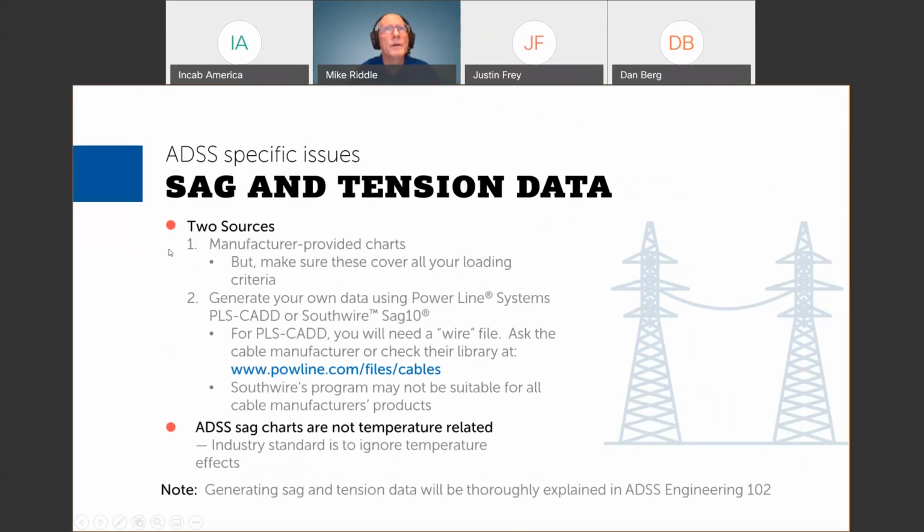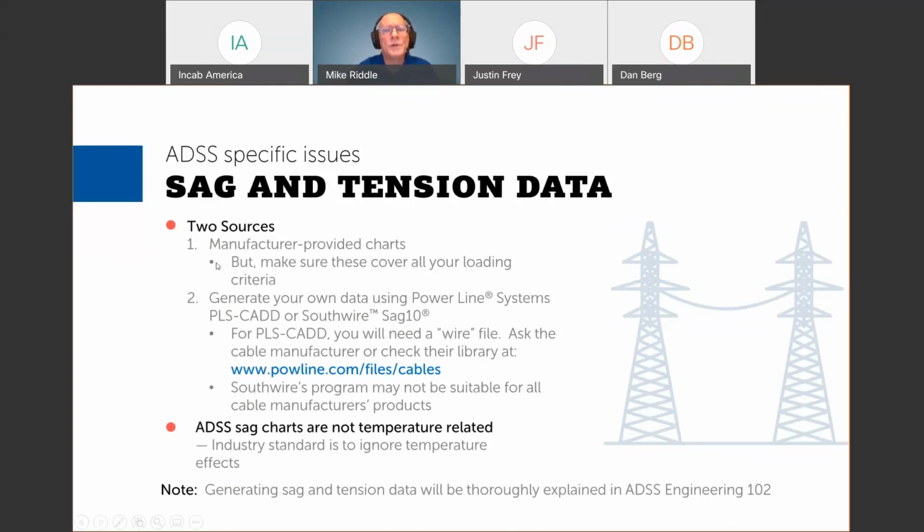And it's in big contrast to how most utilities do it with metal cables. Most utilities want the sag characteristics usually expressed in the form of a polynomial chart, and they do their own sag calculations from it, and they include a lot of different loading conditions and whatnot.